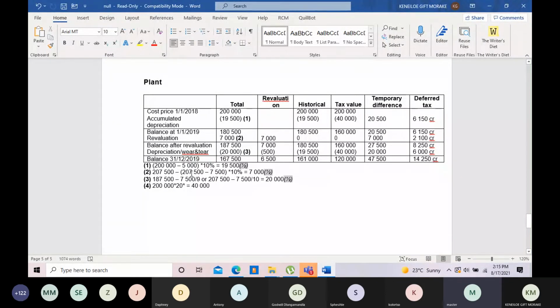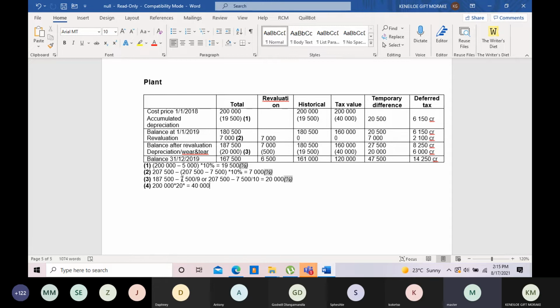You subtract the residual value of 7,500. You're going to get how much? 200,000. Now you are left with 207,500 minus the 200,000. You're going to get how much? 7,500.